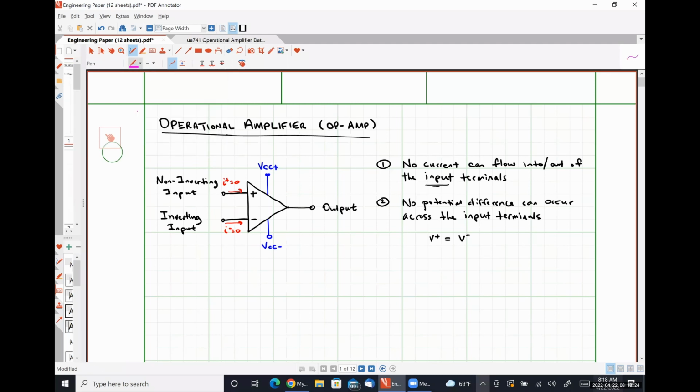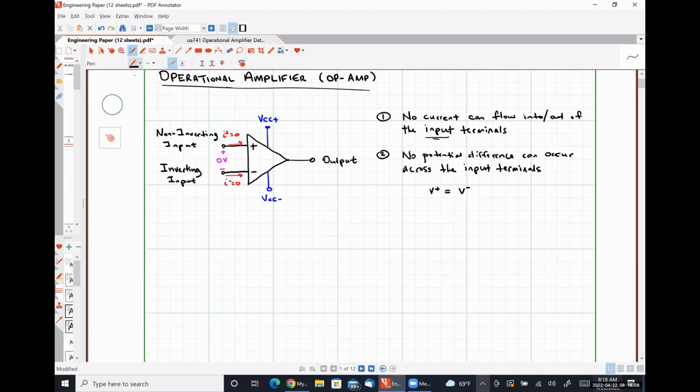So we can say that the voltage drop across our input terminals is always 0 volts. These are our two ideal op-amp rules that we are going to use to supplement our knowledge of circuit theory in order to analyze op-amp circuits.